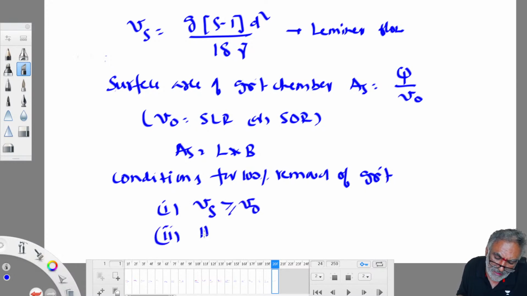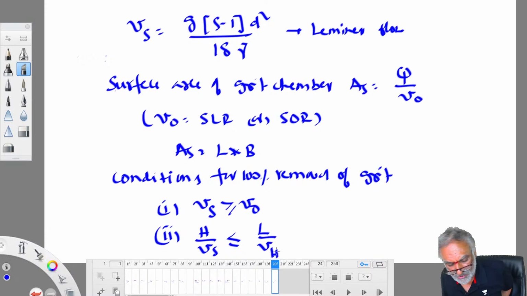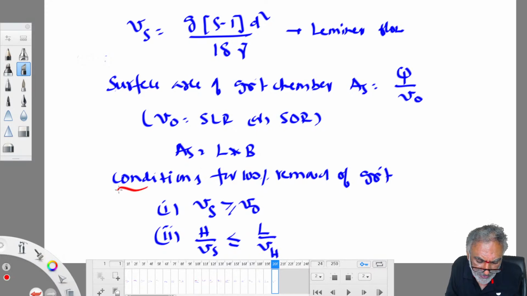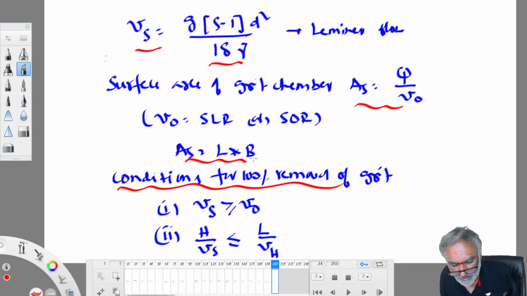The second condition is that H by Vs of the grit particle should be less than or equal to L by Vh. Then there is 100% removal of grit. So based on these concepts, and sedimentation tank concepts also, there are questions framed related to the grit chamber. Okay.